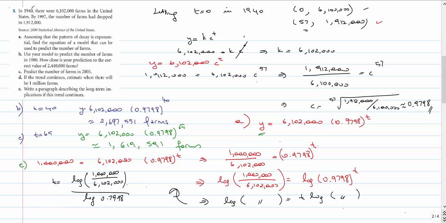This should be approximately 88.63 years. So to answer E, you can say there will be 1 million farms in about 88.63 years after 1940. That is the mid 2029.